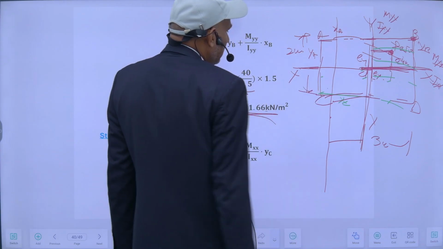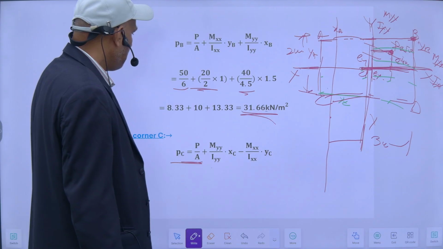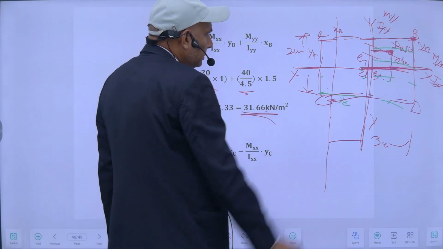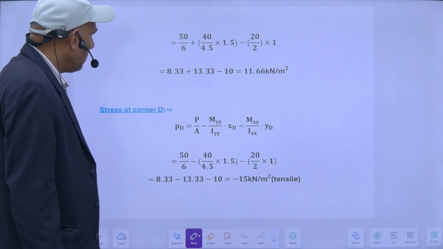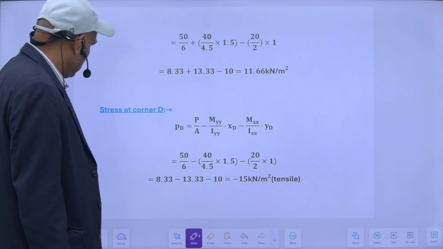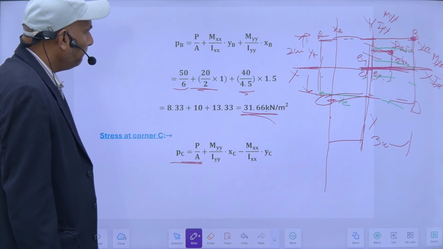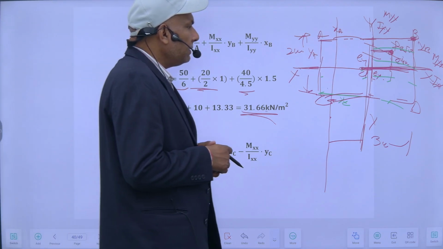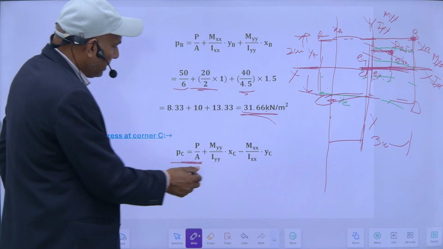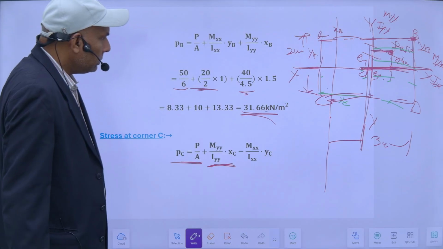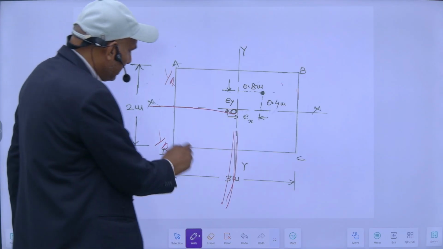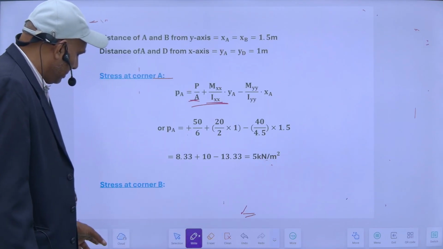so it will be xc is this one, so this load will create, along this axis, Myy upon Iyy into, I think this is D, this is C, so C will be this one.